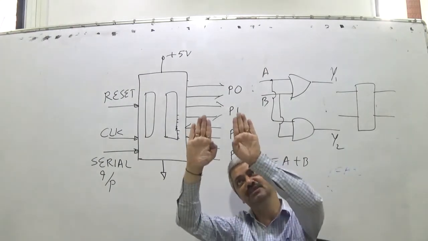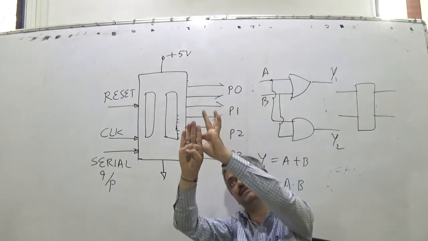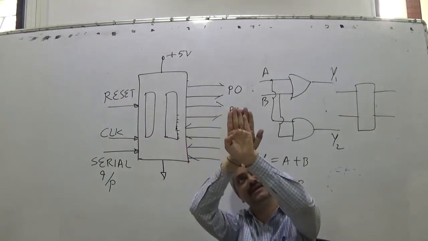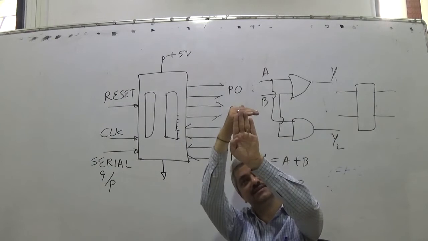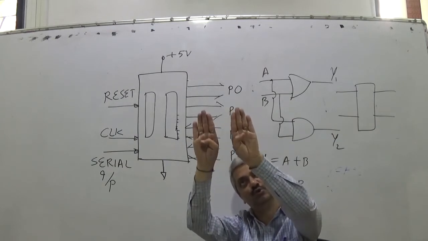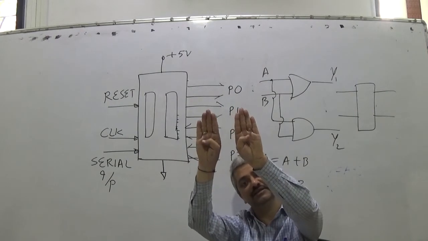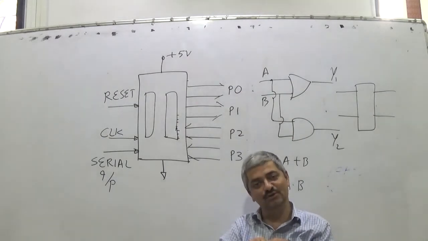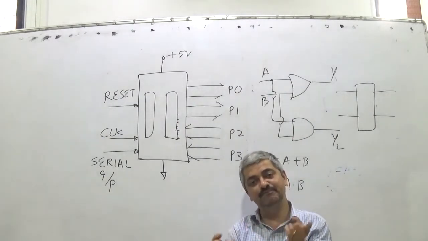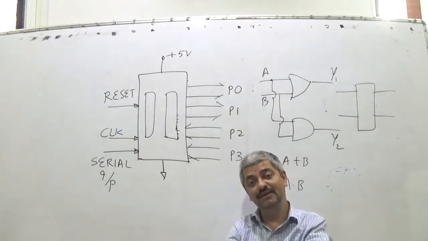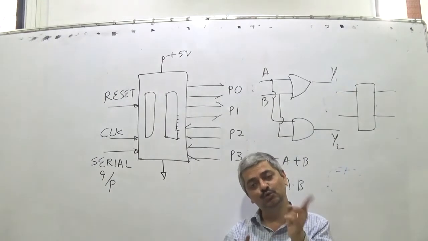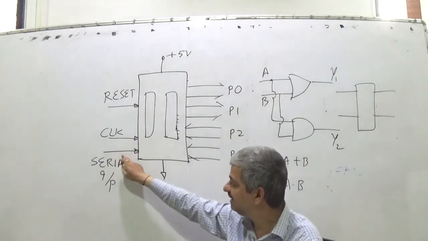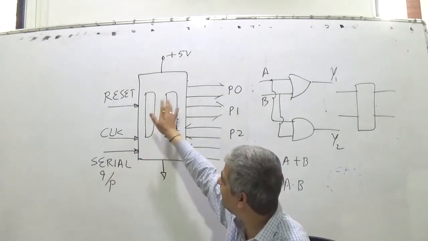Now the CPU is a different chip. It contains some internal memory locations called registers. The memory is another chip which contains a huge number of locations, but those two separate chips have now been put in a single chip. That is a microcontroller. So a microcontroller is CPU plus memory, which has 2 output ports and 2 input ports, and this serial input to program memory is separate.